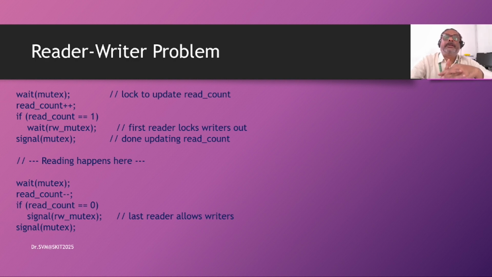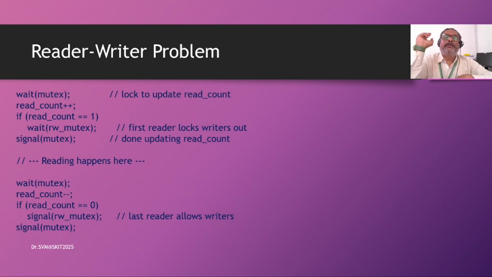So to decrement the read count, which is a shared variable, first we catch hold of it and make sure that no others disturb it. So get the mutex, lock it, and then decrement the read count. And if read count has become 0, that means no more process is reading. Then you can signal the read-write mutex.